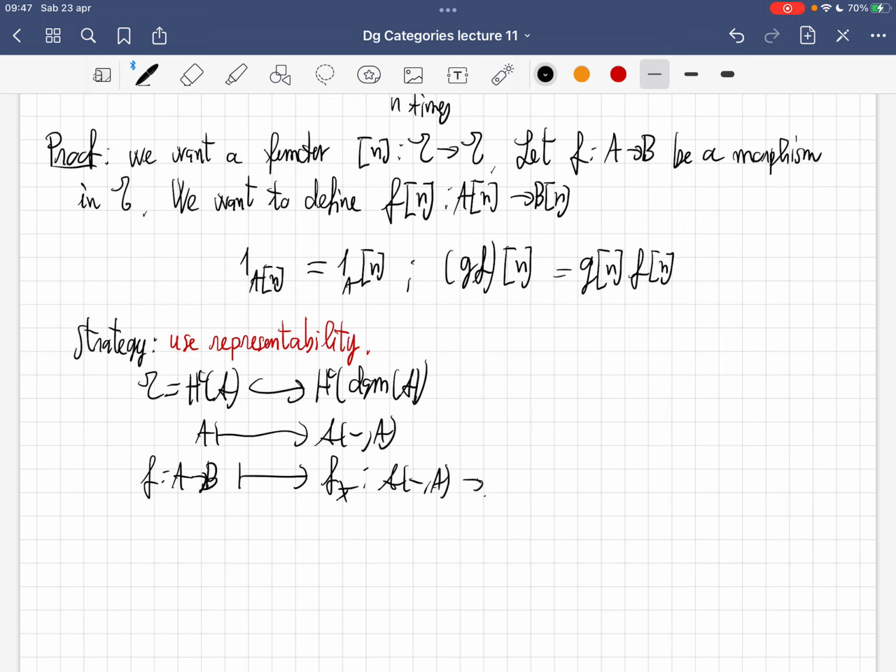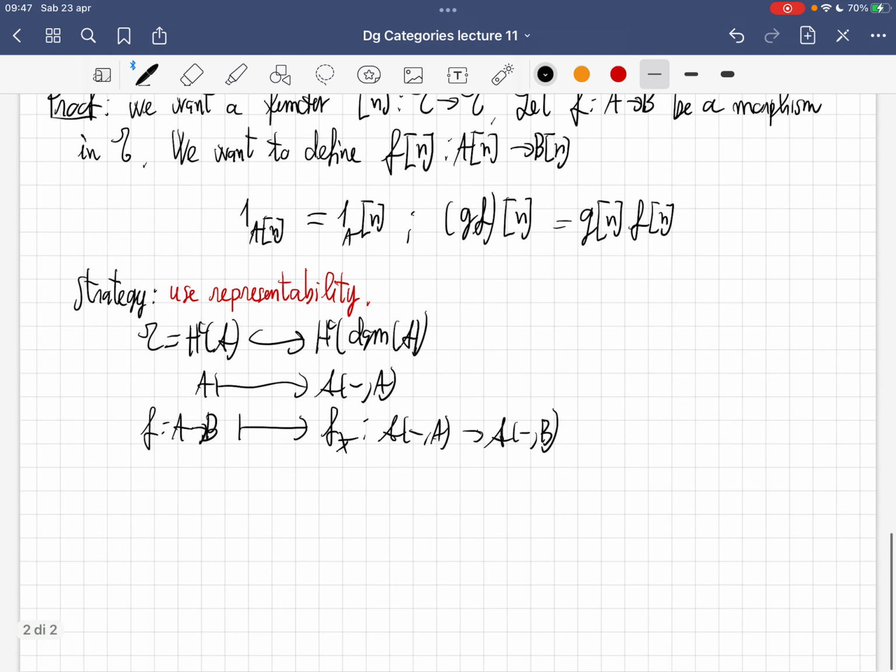It's well defined as a morphism in H0, and it's fully faithful, so it has all the nice properties. For example, if this is an isomorphism, this will be an isomorphism, and so on. So we can essentially use this Yoneda embedding, viewed after taking the H0, and work here with this.